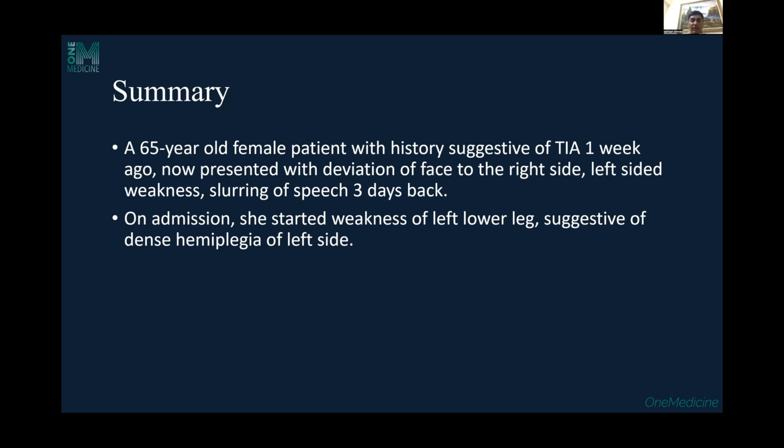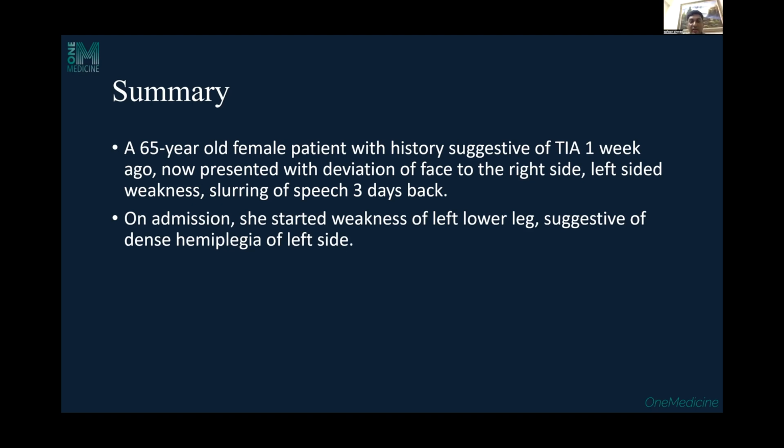Now tell me, what neurological deficits did she have? She had left UMN facial paresis, correct? Yes, sir. And hemiparesis, the same side weakness, of sudden onset. It's a UMN type of weakness, correct?